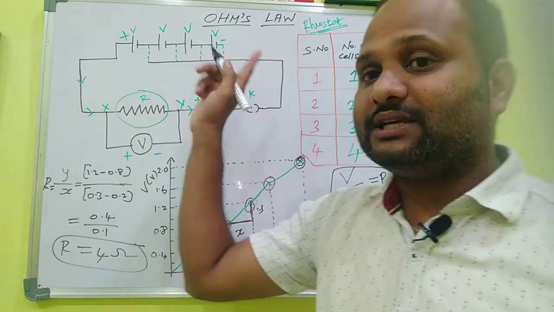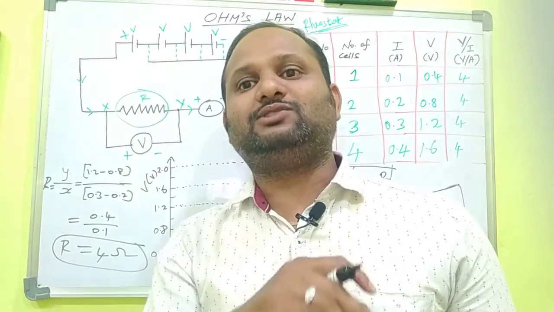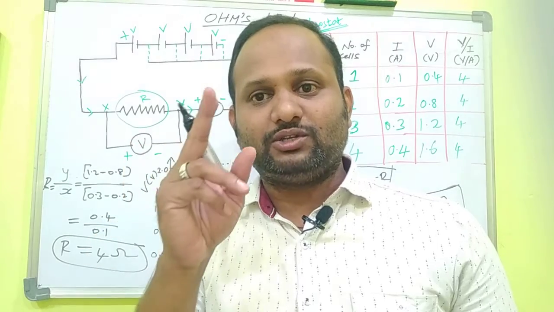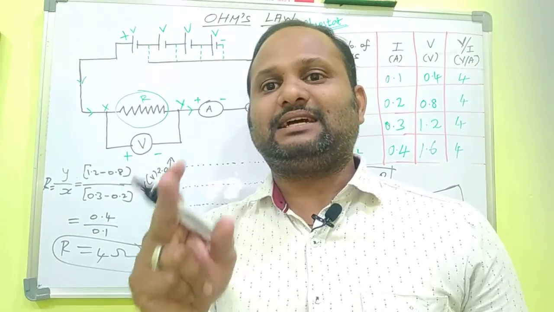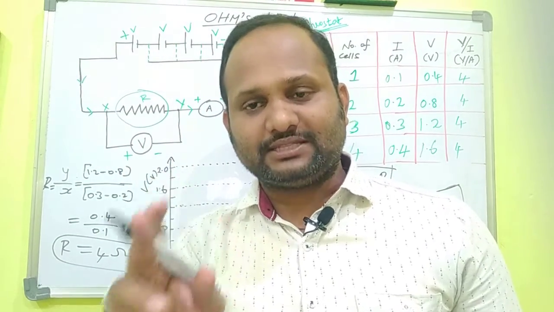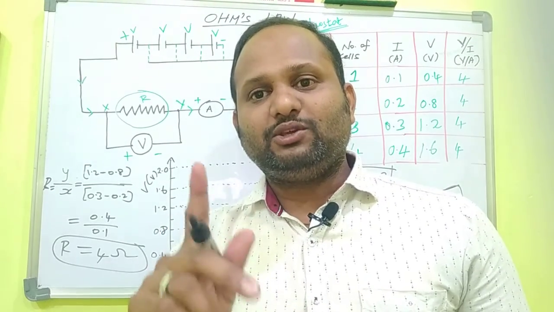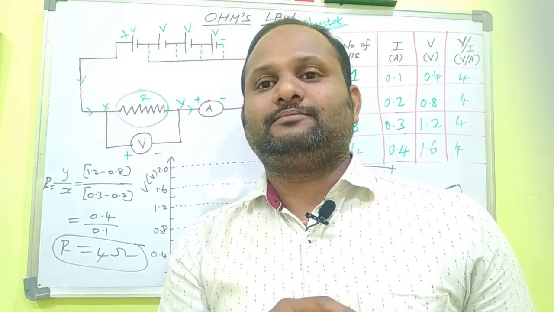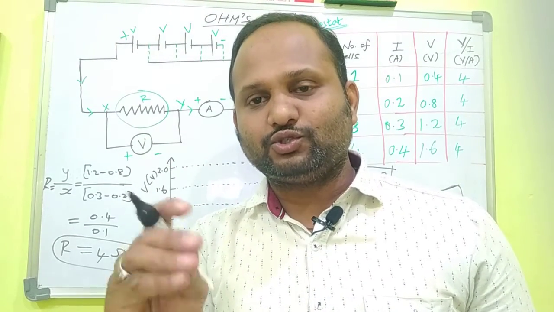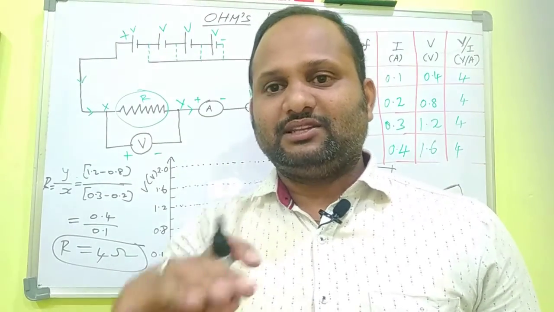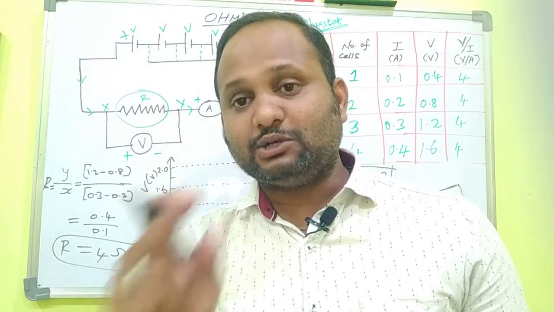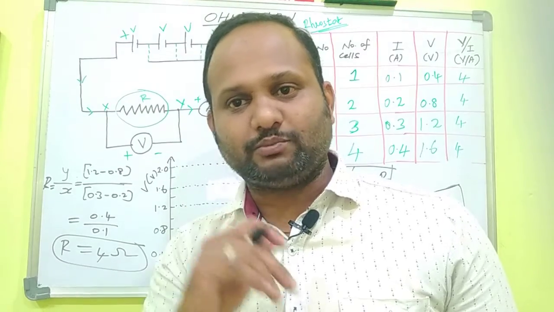But without touching the voltage source, you want to decrease the current flowing through the circuit. For example, you may use a rheostat, because a rheostat is an instrument used to increase or decrease the current passing through an electrical circuit without changing the voltage source. That is one of the most important points.